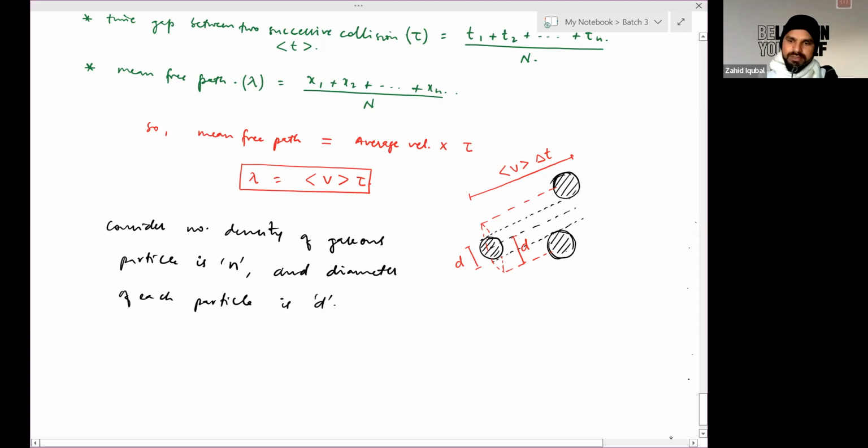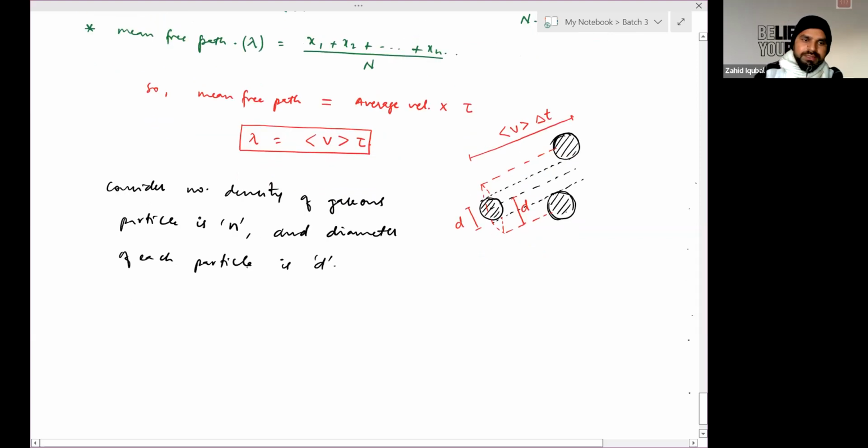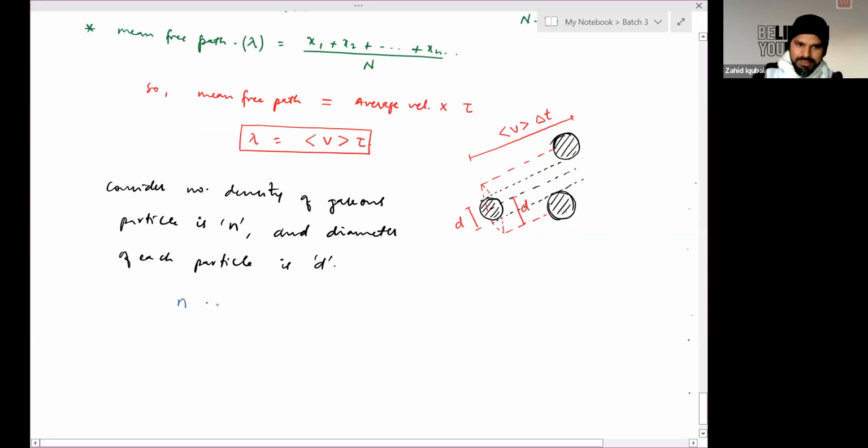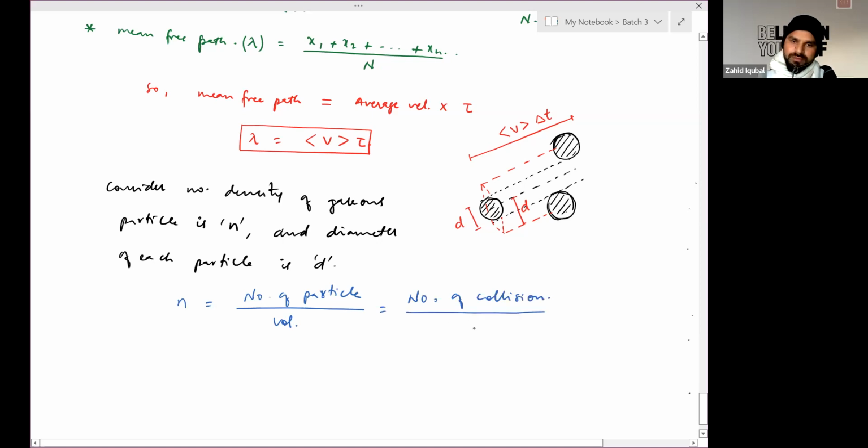Within this range, it may collide with any neighboring particle. According to this, number density equals the number of gaseous particles divided by volume. This number of particles will also equal the number of collisions divided by volume. So the number of collisions is number density multiplied by volume.